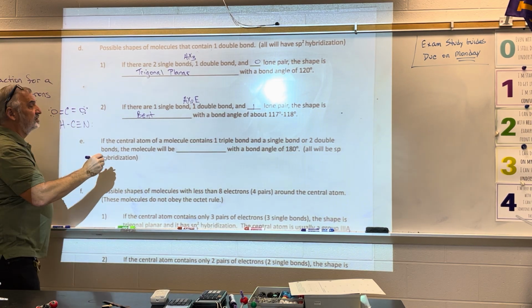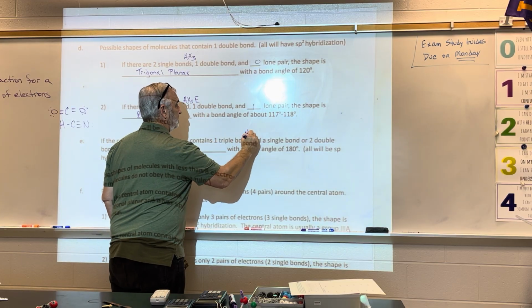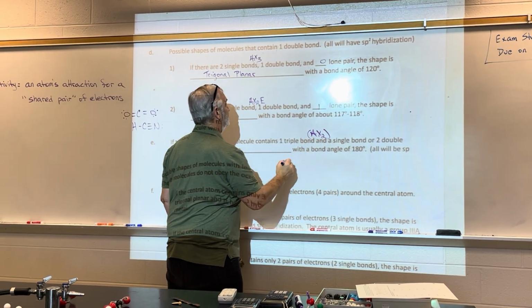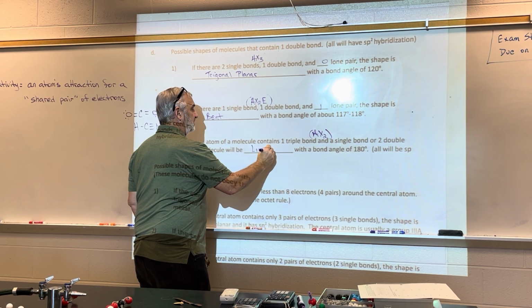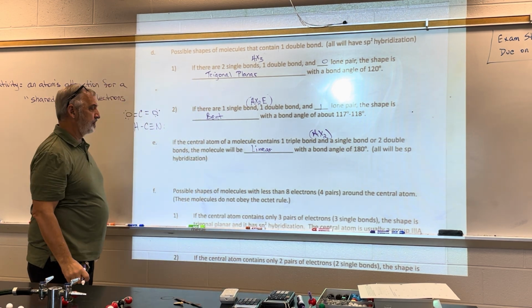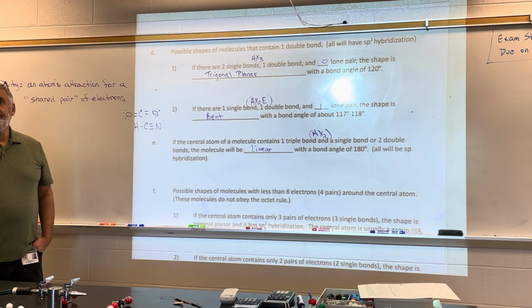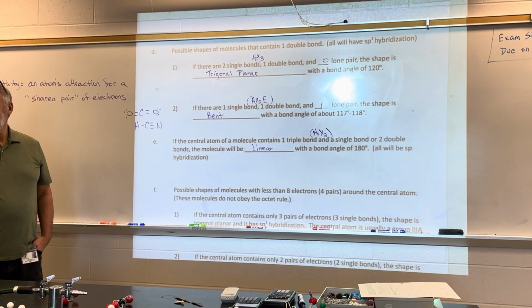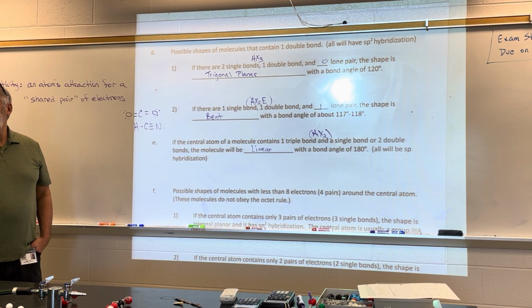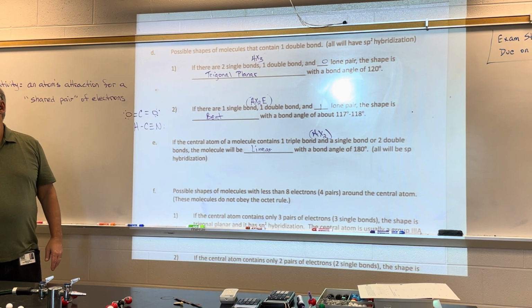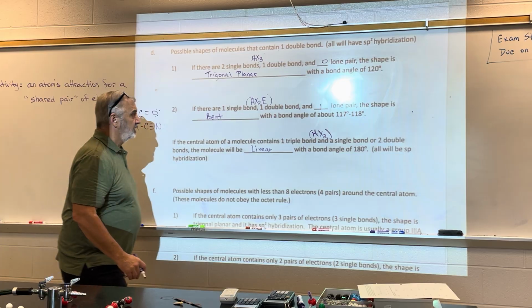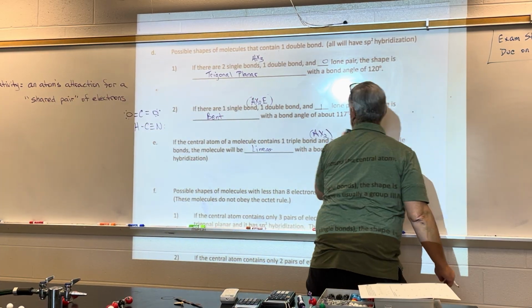Okay, it's AX2. Okay? Then it's going to be a linear shape with a bond angle of 180 degrees. Okay, so again, this is just putting into words what's already on the sheet. All right, lastly, before we move on.